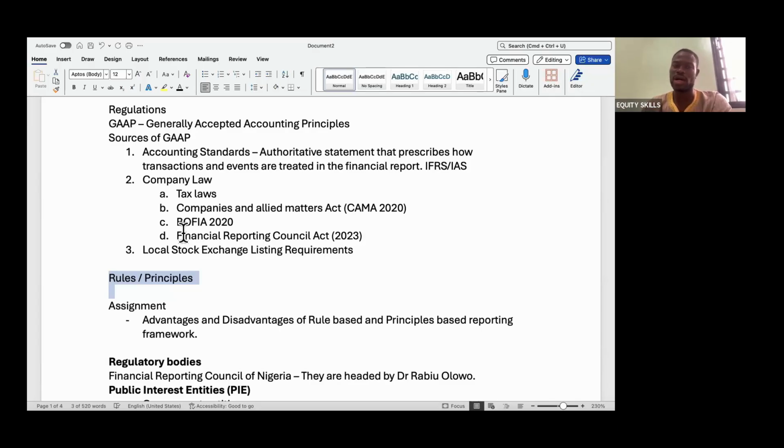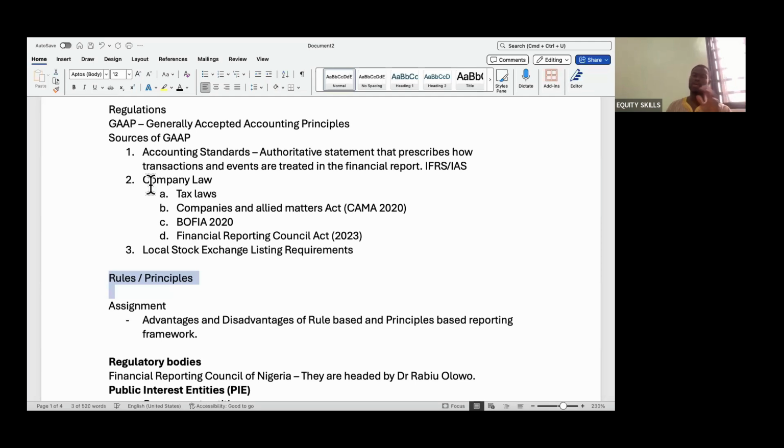Like for our GAAP now, the company law is rule-based because it's strict, written. You must follow everything to the letter. Even the local stock exchange listing requirement also is rule-based. You must follow everything to the letter.